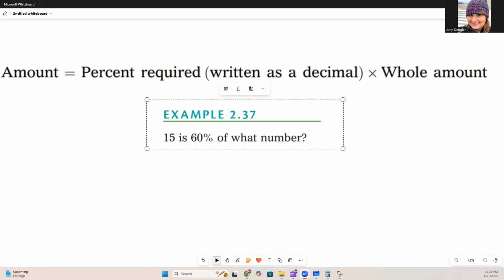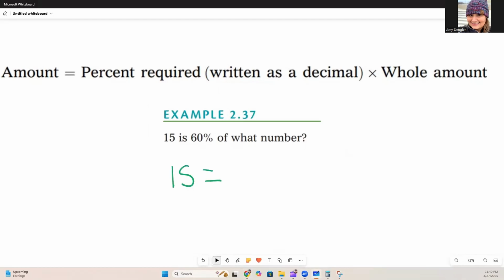Example 2.37 is a little different because we are being asked of what. So 15 is 60% of what number? We're going to use our formula, but we're going to put in things differently. We already know the amount, right? That's 15. So 15 is equal to the percent required, which is 60.